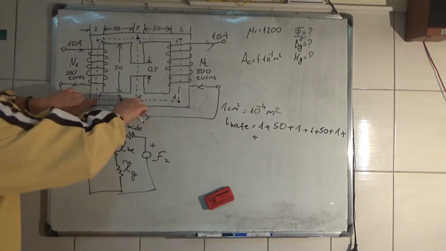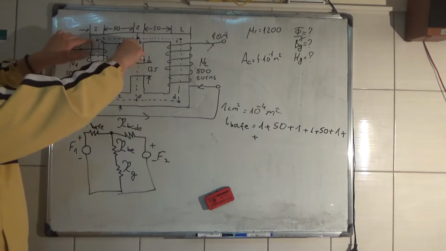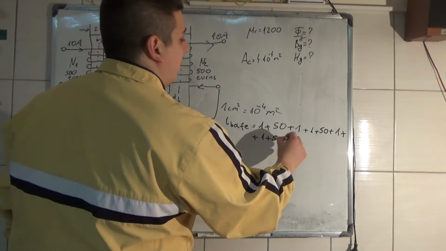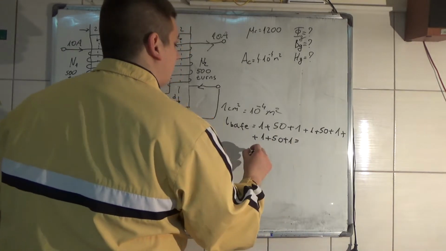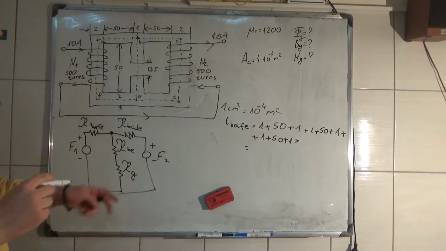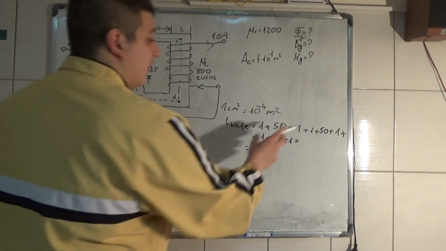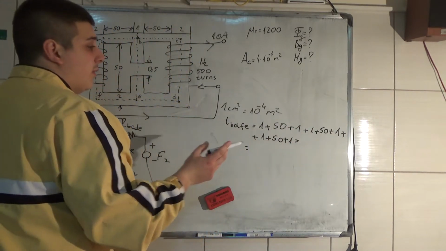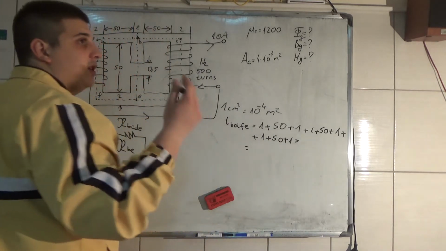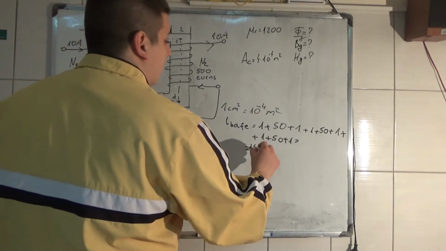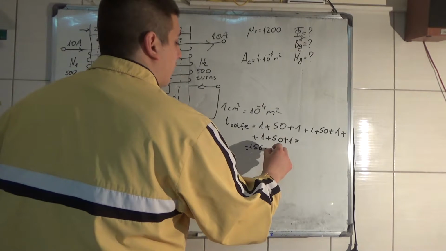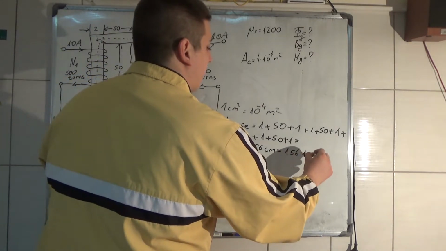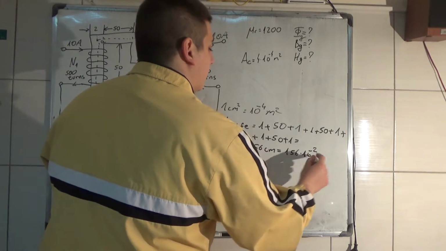And from here to here is the same length as here, so that's 1 plus 50 plus 1. Okay? 52 plus 52 is 104, and plus 52 is 156 centimeters, which is equal to 156 times 10 to the minus 2 meters.